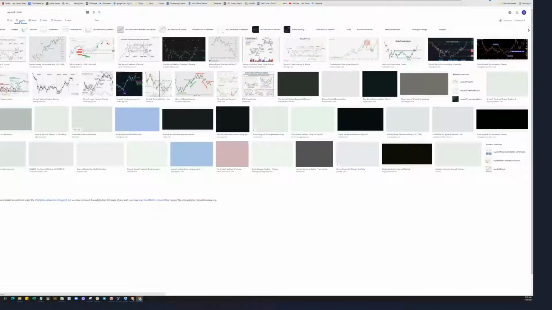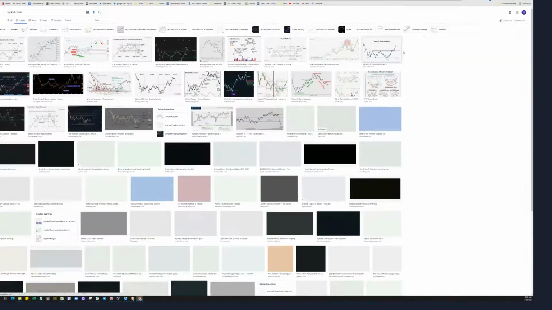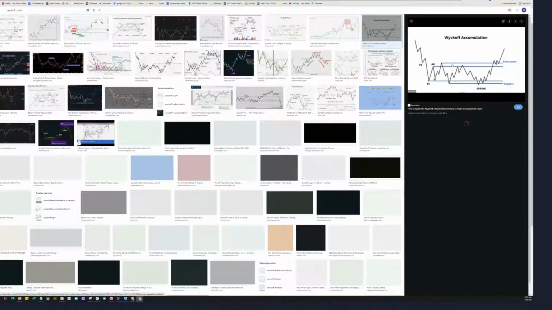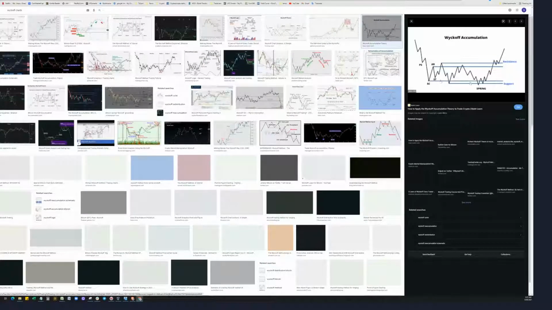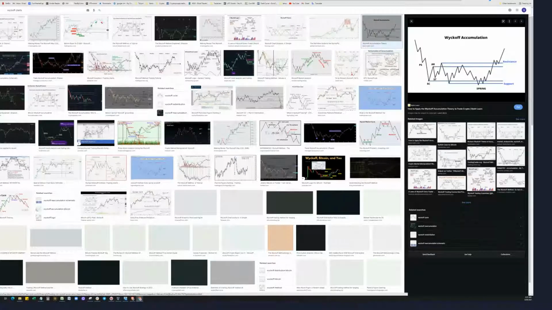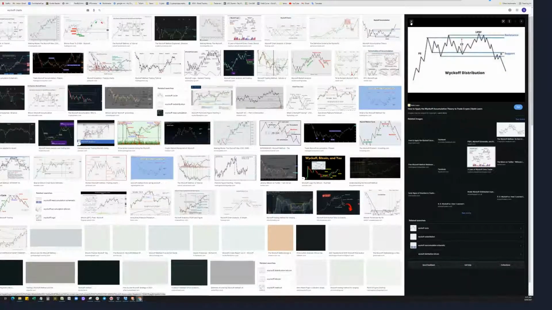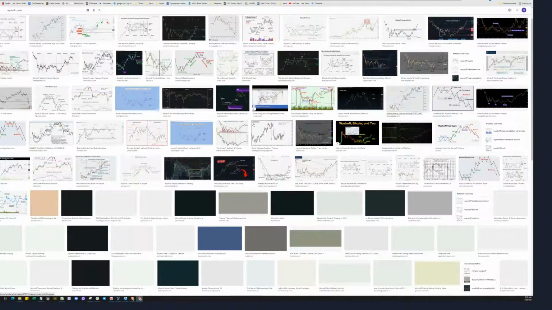So you can see the wick-off charts. It's either a bottom accumulation, something like this. That is an accumulation, bottom accumulation, and Bitcoin did something like that, actually. Very similar. Yeah, Bitcoin did something like that, and Bitcoin did something like that as well. But the reaccumulation is a combination of that.